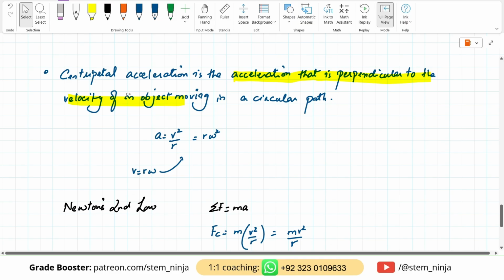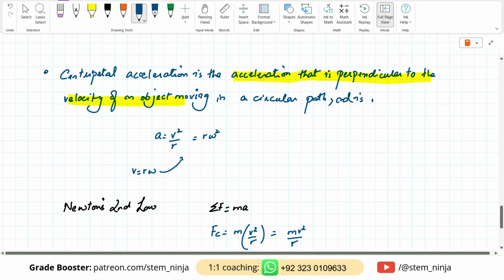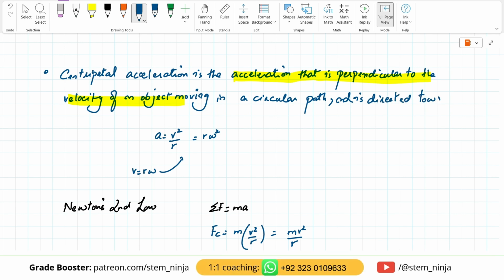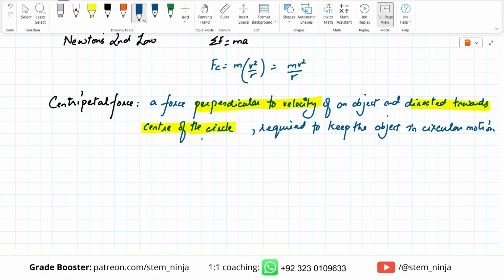Now you could add the same thing in the acceleration definition also, that the acceleration is perpendicular to the velocity and is directed towards the center of the circle. Now, force is equal to ma, which becomes mv squared over r.